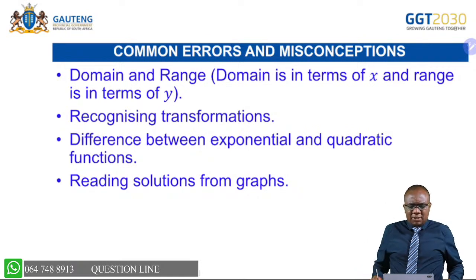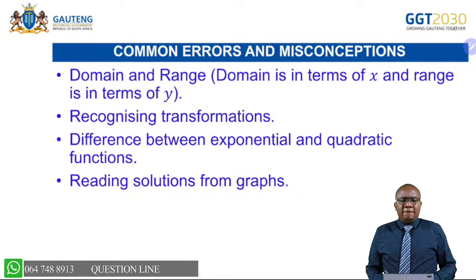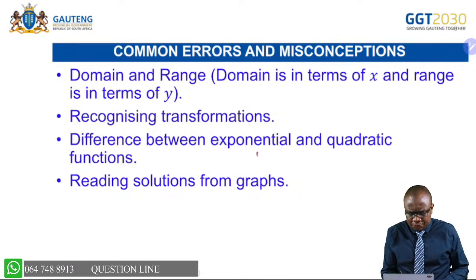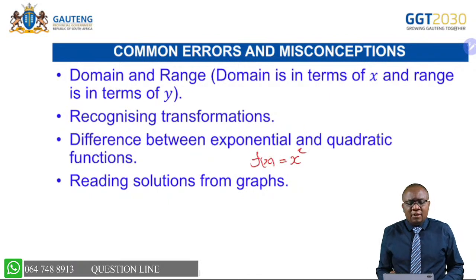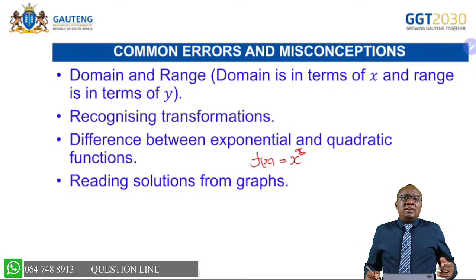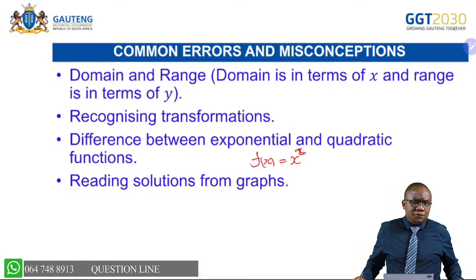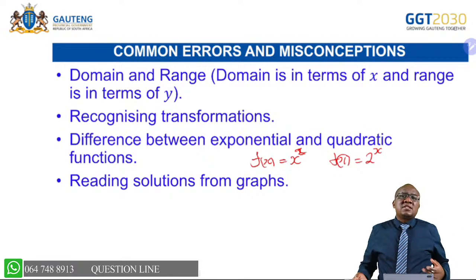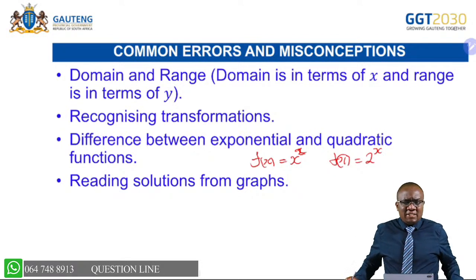Difference between exponential and quadratic functions. I've seen learners asked to sketch this graph, f of x is equal to x squared, and then someone draws a what? An exponential function. Or given this, f of x is equal to 2 to the power x, and then someone draws a quadratic function, a parabola.